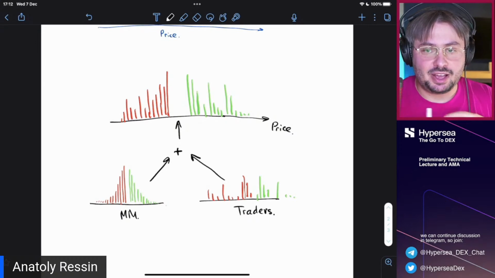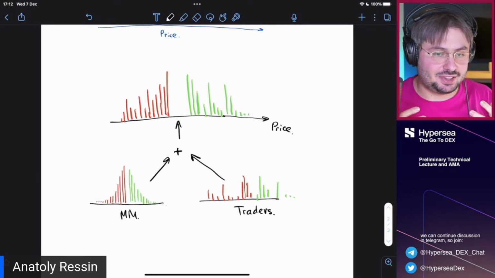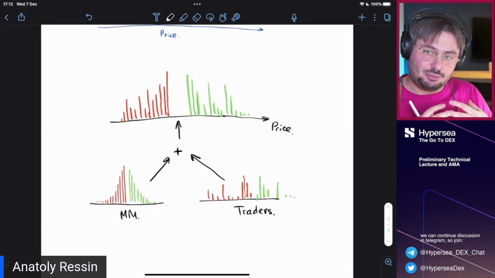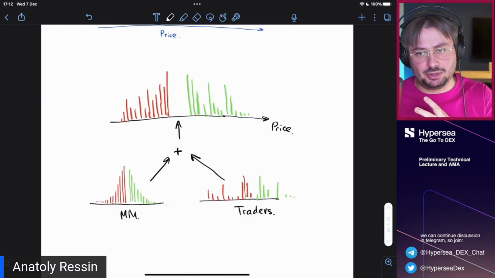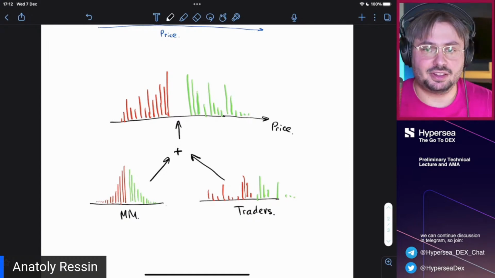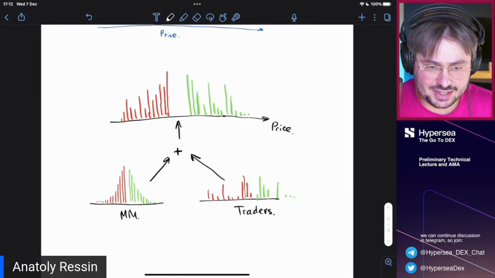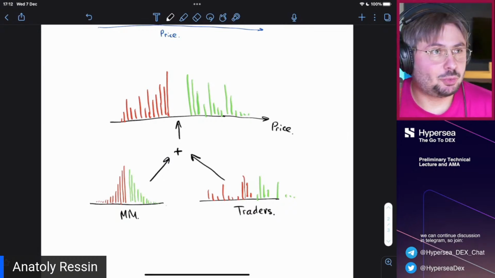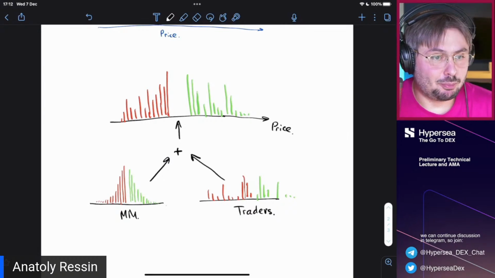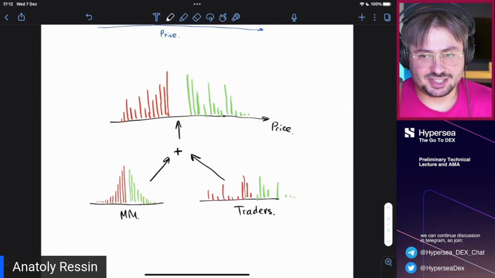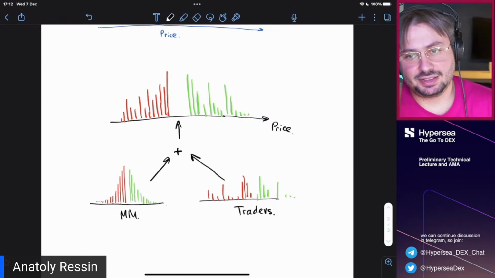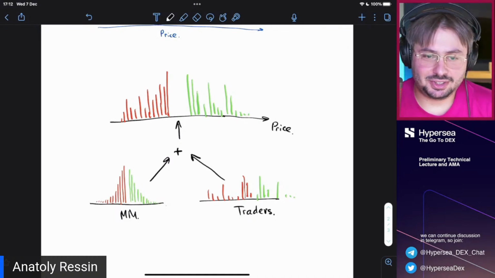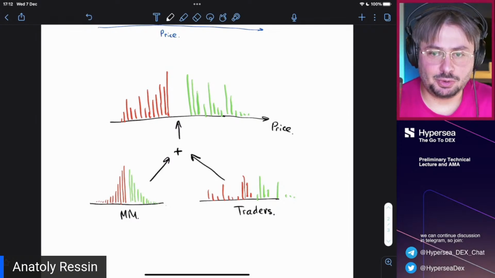If you provide both sides of the order book, you're providing liquidity for buying and liquidity for selling, and the money that you got from selling cryptocurrency immediately is distributed on the other side to buy it on the lower side.